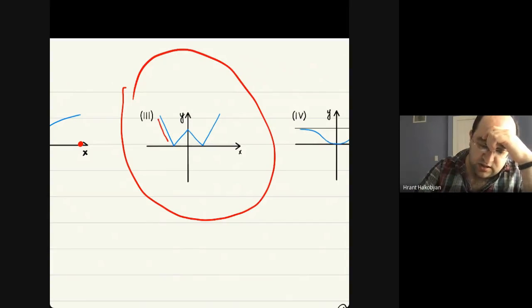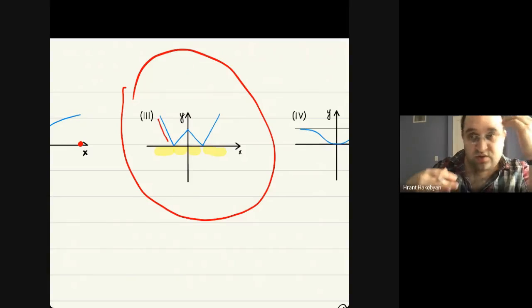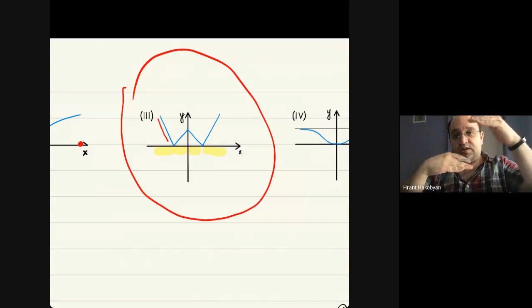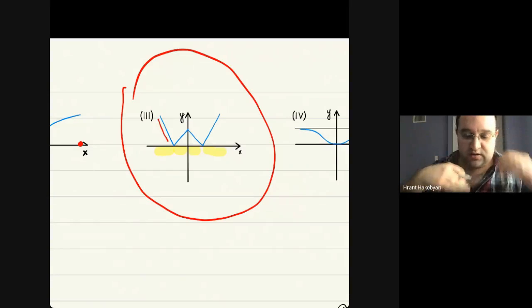So this thing here has a slope that's a constant in this interval here, right? So in this interval, the derivative is a constant. In this interval, it's a different constant. In this interval, it's a different constant. In this interval, it's a different constant. So that means it consists of pieces, and on each of those, it's a constant.